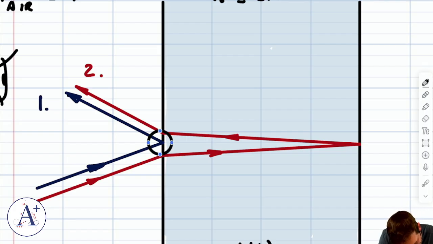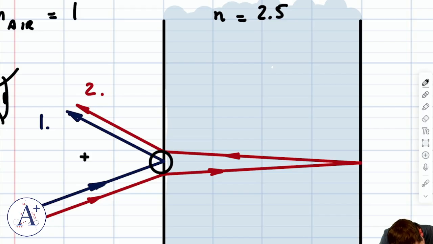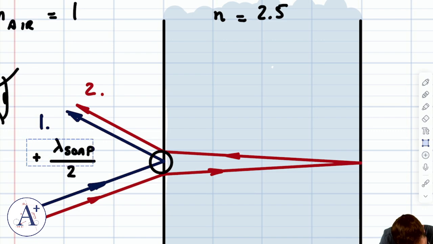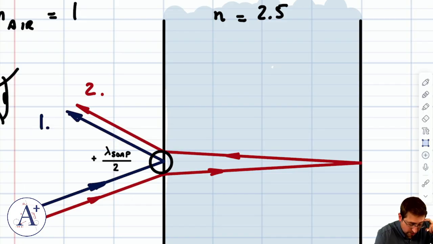Ray 1 here reflects off of a medium with an index of refraction n that is higher than the index of refraction of air. So here, ray 1 is going to incur an additional phase shift, which means it's going to be as if it had traveled an additional distance, lambda soap divided by 2. Okay, so there's a phase shift right here, which is equivalent to adding lambda soap over 2 to the length L1.